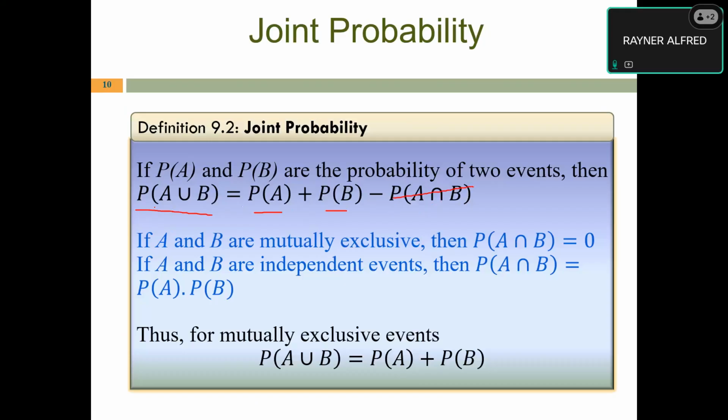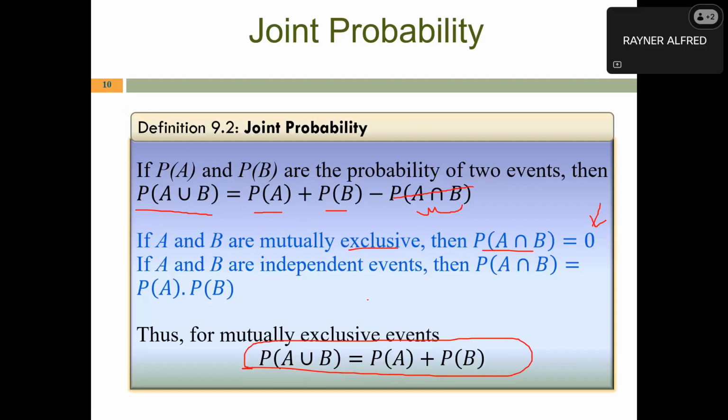That's how we define the probability of two events, because we cannot have them together. If A and B are mutually exclusive, that means we can never have this, so the intersection is 0. Then this turns out to be a simple one for mutually exclusive events.